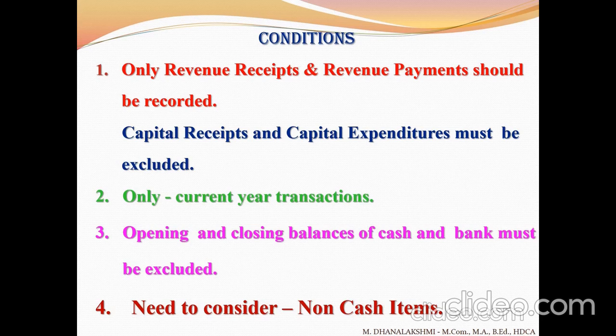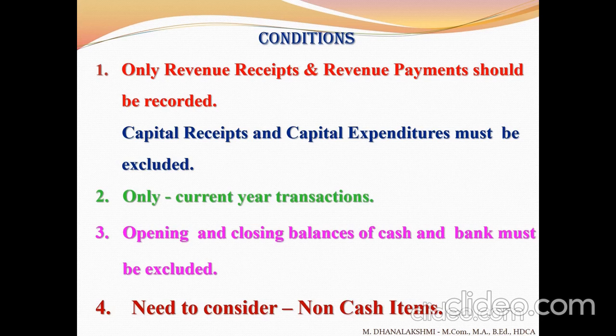That is, previous year and next year expenses are excluded, which means you enter rent paid rupees 10,000 only, which is related to the current year. So in income and expenditure account, you need to record only the receipts and payments related to the current year. And the third point, just ignore the opening and closing balance of bank and cash.